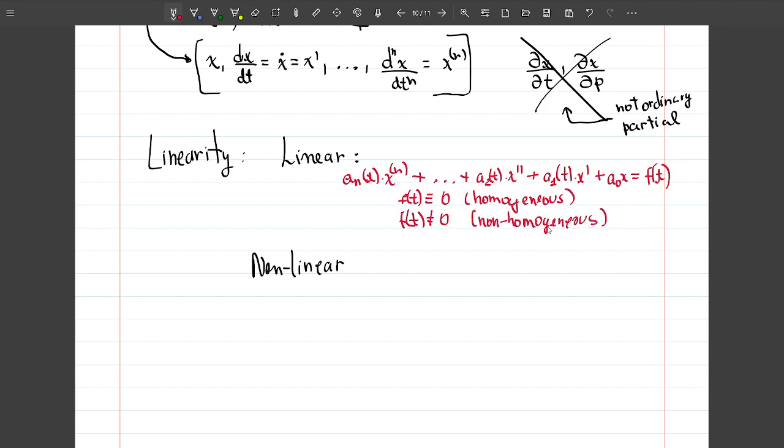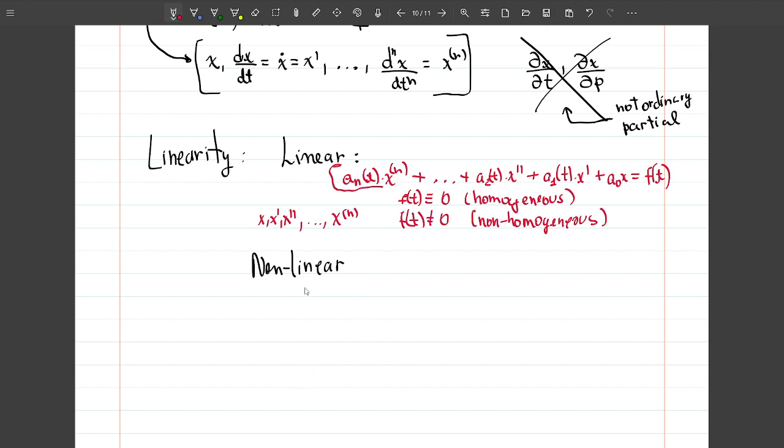Let's take a look at this equation. You see that it's like a linear combination of x and all the derivatives of x: x prime, x double prime, triple prime, all the way through the nth derivative. So it's a linear combination, but the factors multiplying are functions of t.